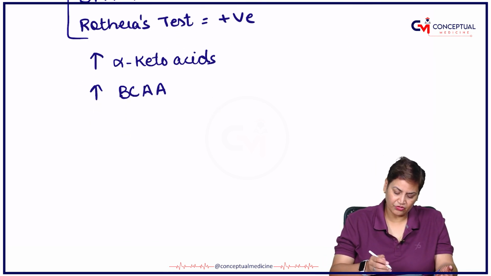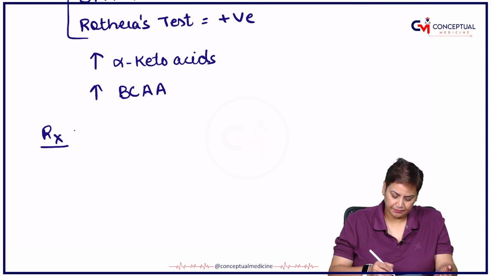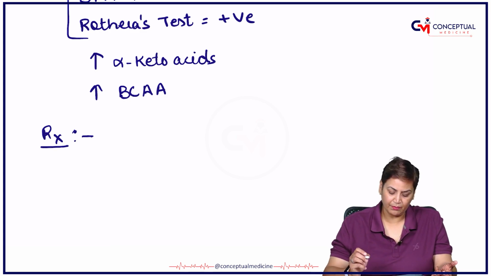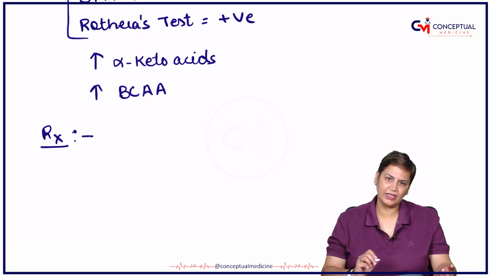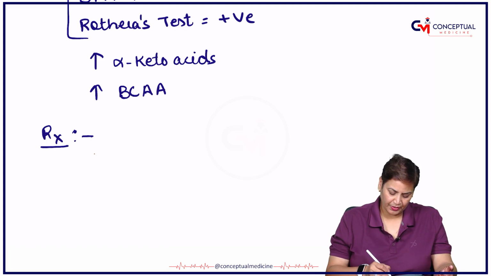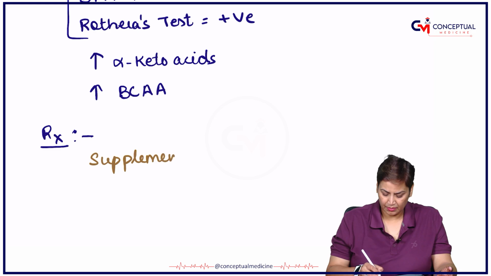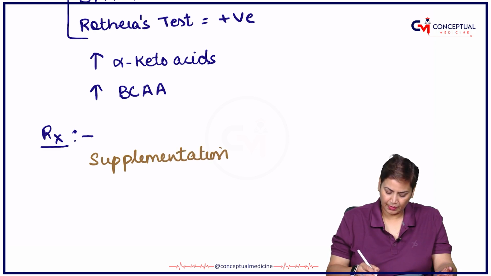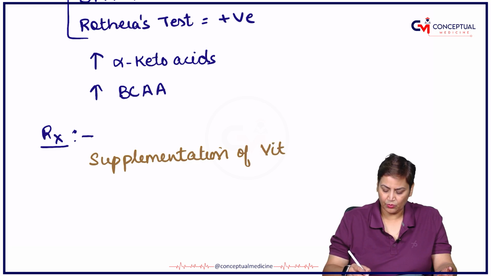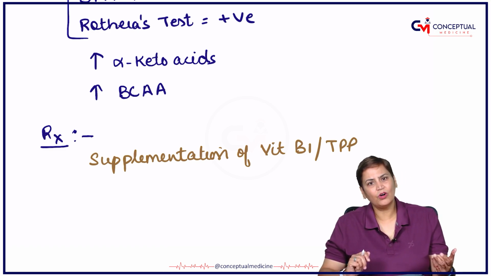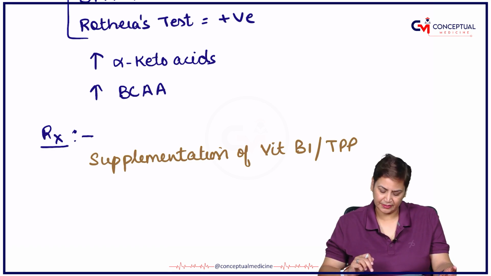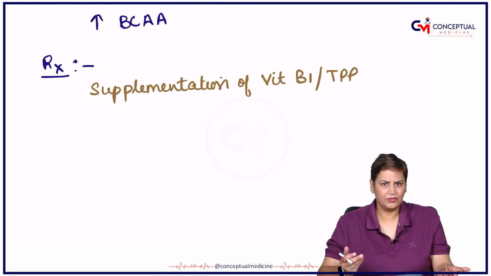If we talk about the treatment here, because the enzyme that degrades BCAA is deficient, the treatment would be supplementation of vitamin B1 or TPP. Why? Because TPP is the major coenzyme required for utilizing branched chain amino acids. So this is the main treatment.